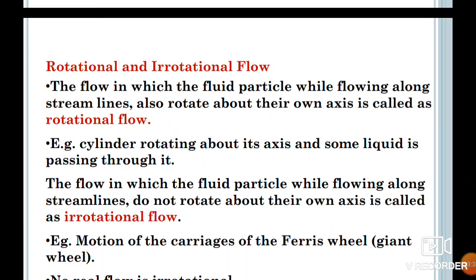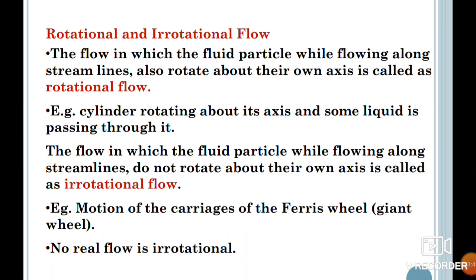Another category of flow is rotational and irrotational flow. Rotational flow means all the particles in the flow, or some of the particles in the fluid, are rotating about their own axis, while in irrotational flow, none of the particles are rotating about their own axis.